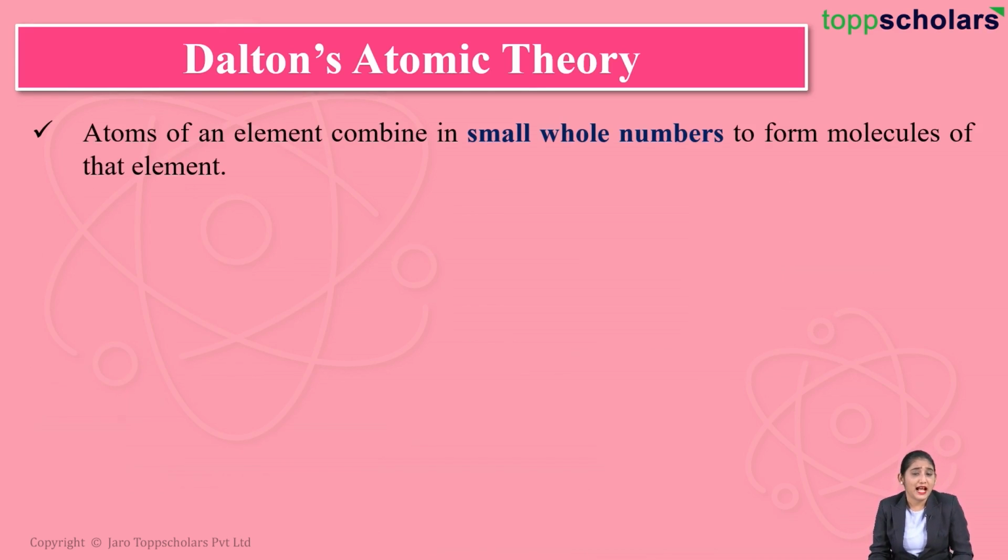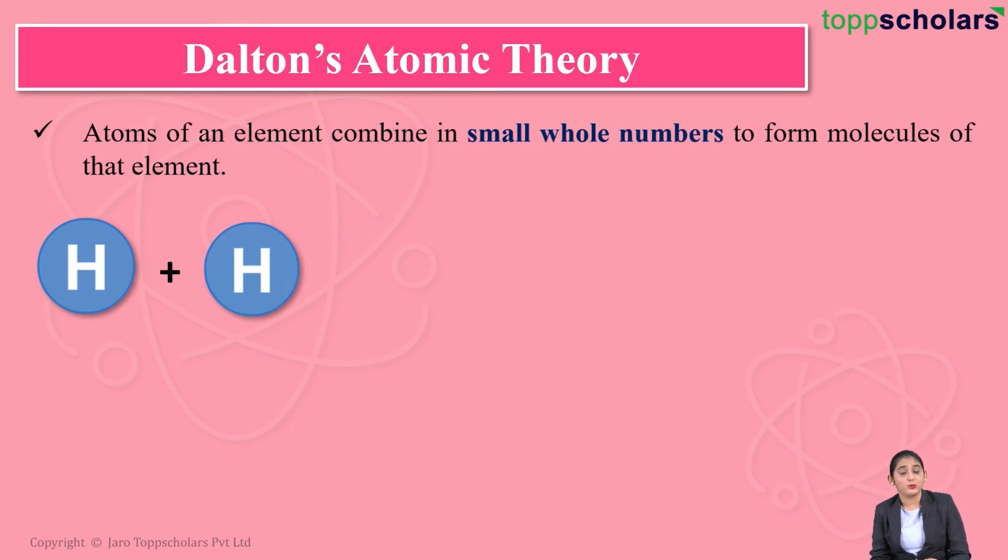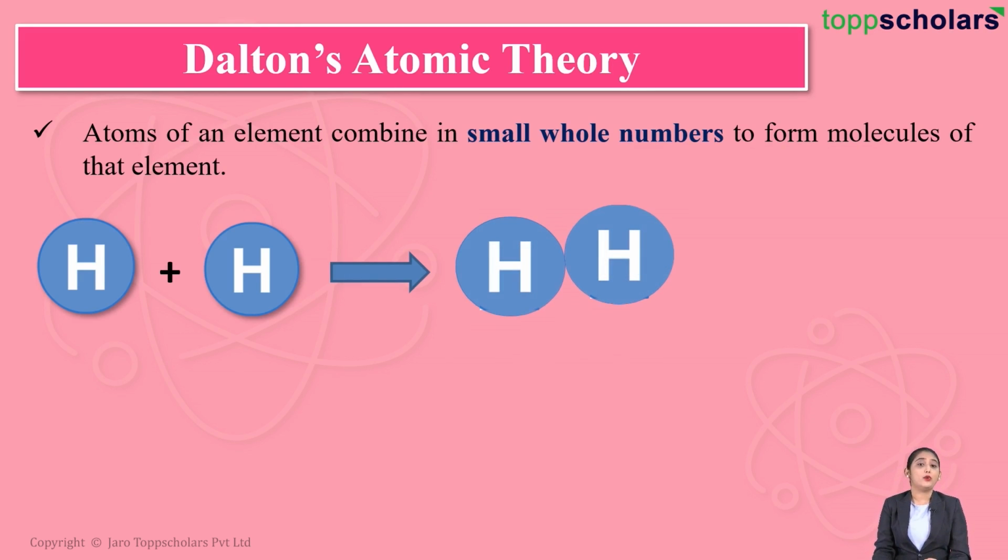According to Dalton, atoms of an element combine in small whole numbers to form molecules of that element, right? For example, 1 atom of hydrogen combines with another atom of hydrogen to give you a hydrogen molecule. As you can see over here, 2 atoms of hydrogen combine with each other to give you a molecule of hydrogen. Let's take one more example.